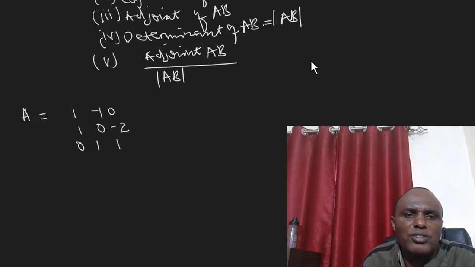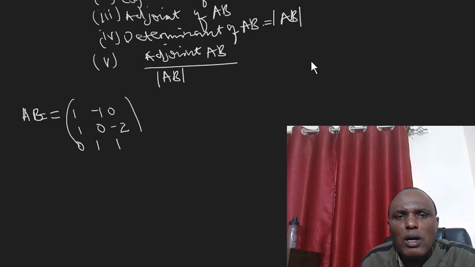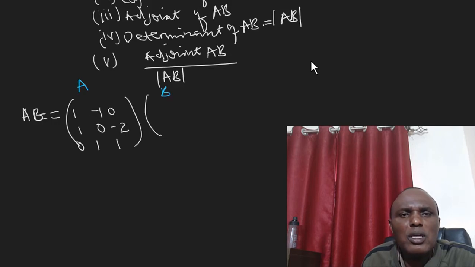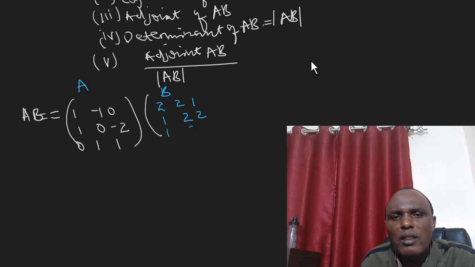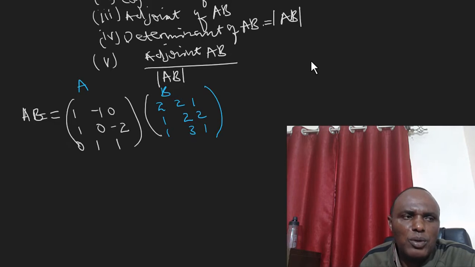That is matrix A. We multiply it with matrix B, and matrix B is 2, 2, 1, 1, 2, 2, 1, 3, 1. We want to multiply those two matrices so that we can get the product AB.